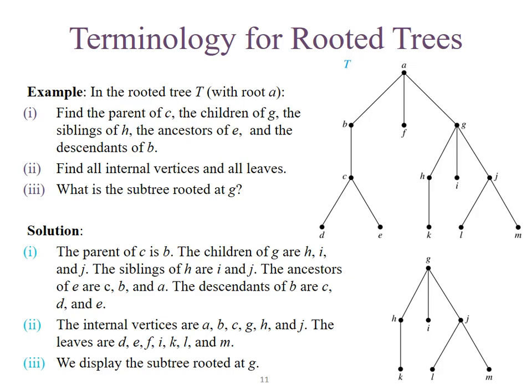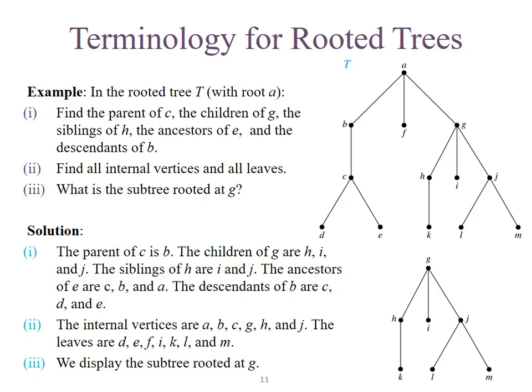And then the ancestors of E. The ancestors of E are A, B, C. And then the descendants of B. B is here, so its descendants are C and E. You can also find all internal vertices and leaves. In this case, the leaves are E, F, K, I, L, M. They are all leaves.